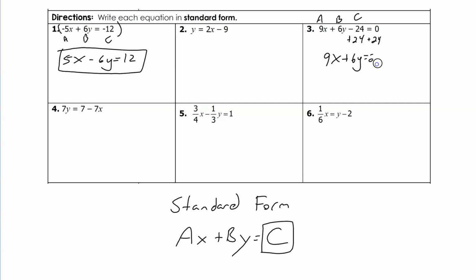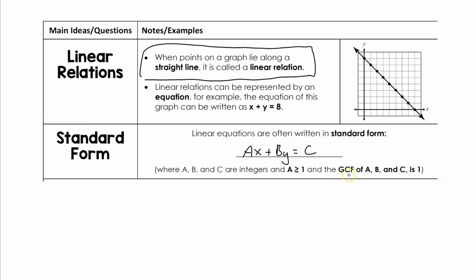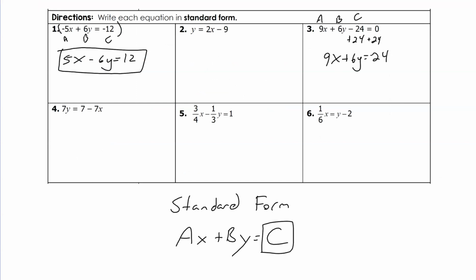Now, for the most part, we're close to standard form. Many would argue this is kind of like standard form, right? You have an ax and a by, it's positive, we're all good. But I want to flip back to this other part of the sentence where it says the greatest common factor of a, b, and c is 1. That basically means, can you simplify? Do they have any factors in common? Well, what goes into 9, what goes into 6, and what goes into 24?